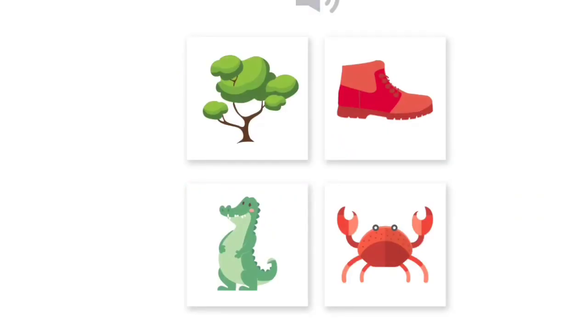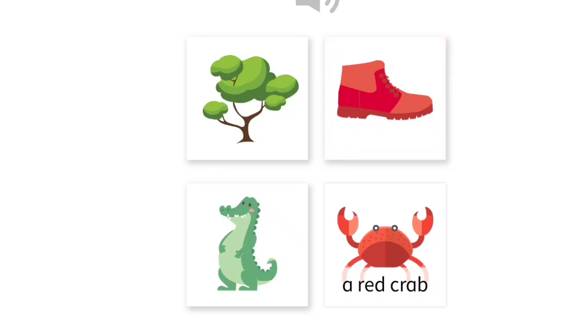Where is green tree? It is here. And where is green crocodile? It is here. Where is red shoe? It is here. And where is red crab? It is here. A red crab.